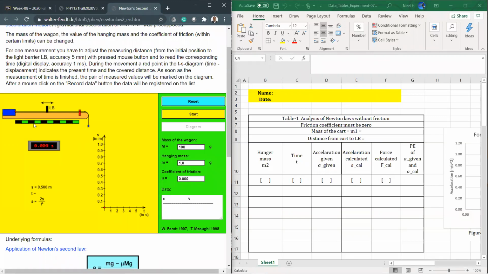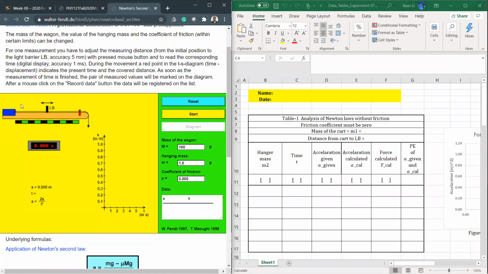This S represents the separation between the front of the cart and the LB. The front of the cart is the X0 point. And time tells you, after we run the program, how much time the cart takes to reach the LB. And the acceleration I can calculate by using a linear equation, right?